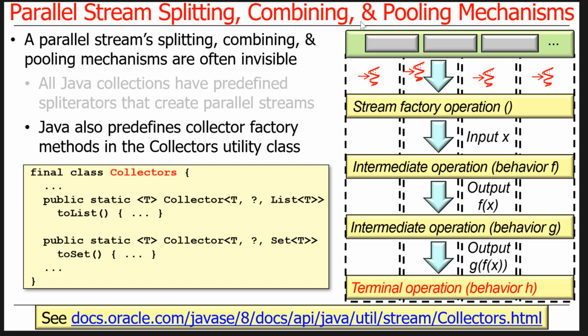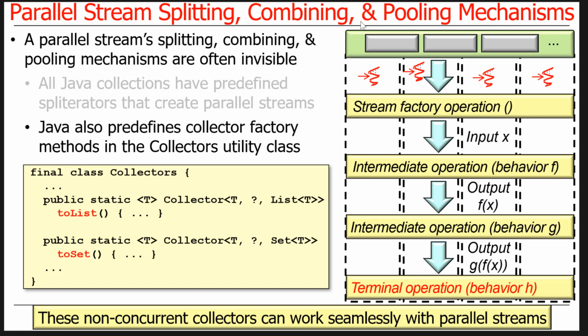At the other end of the spectrum, at the terminal operations, there are these collector factories that come as part of the Collectors utility class. These can be used to create collectors that will work properly with parallel streams. What you get with the collector factory methods like toList and toSet are so-called non-concurrent collectors.